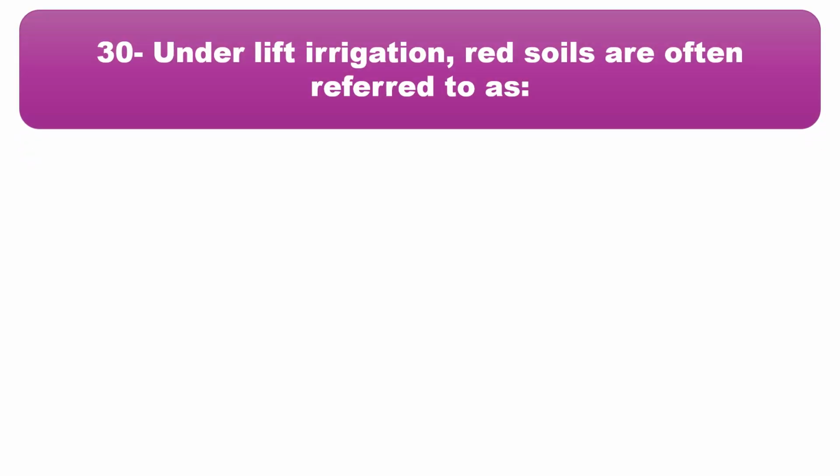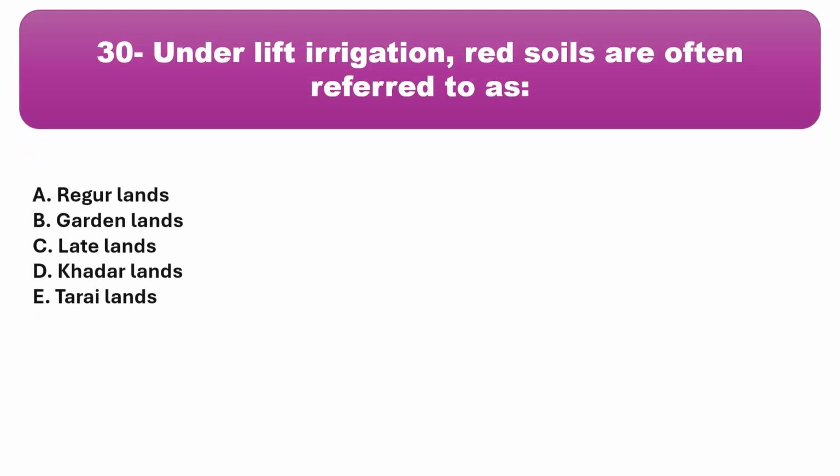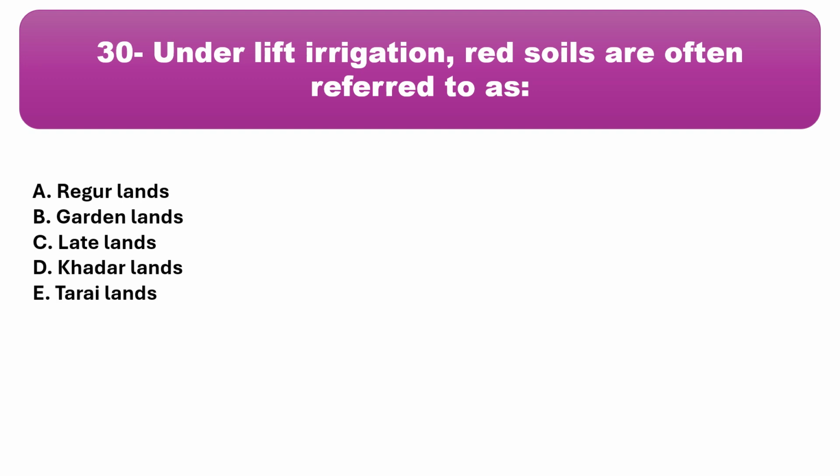Next question. Under lift irrigation, red soils are often referred to as option A, regur lands, option B, garden lands, option C, late lands, option D, khadar lands, and option E, terai lands. Option B, garden lands, is the correct answer.